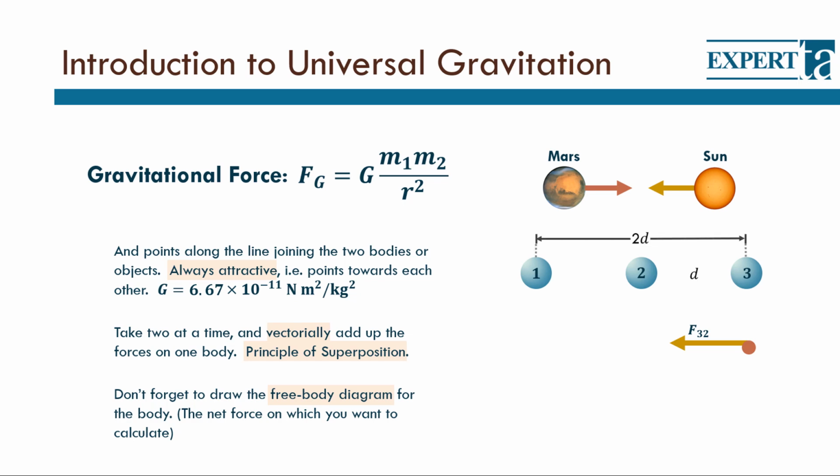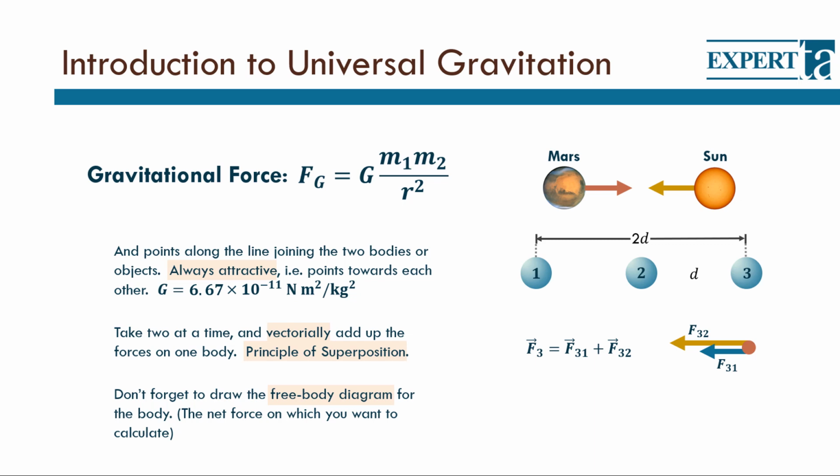So F32 is 2 acting on 3, and F31 is 1 acting on 3. Then you add up the forces vectorially. So the net force on 3, let's call it F3 vector, is F31 vector plus F32 vector.